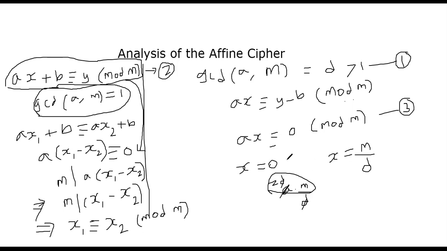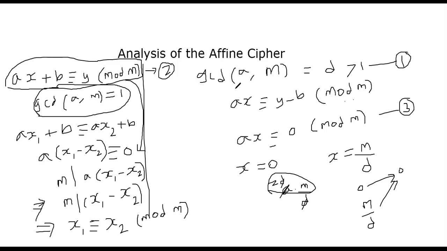That means you found two solutions, which is not good, because what you're arguing now is that you have input 0 mapping to output 0, and input m by d also mapping to 0, which means this function is not a one-to-one function. That's a contradiction, because we assumed the function is one-to-one and wanted to prove that the GCD is 1.